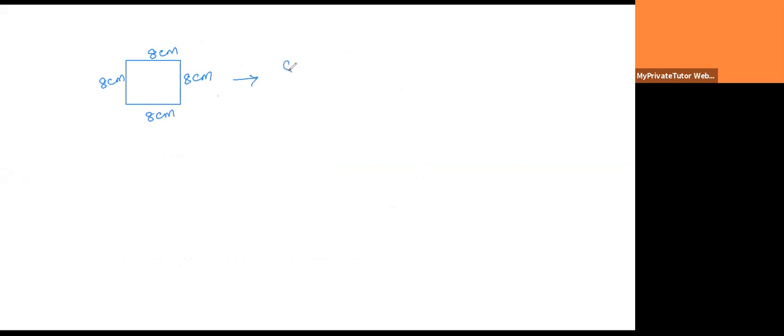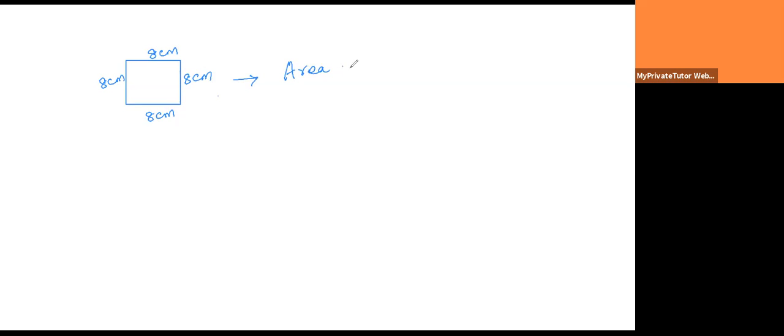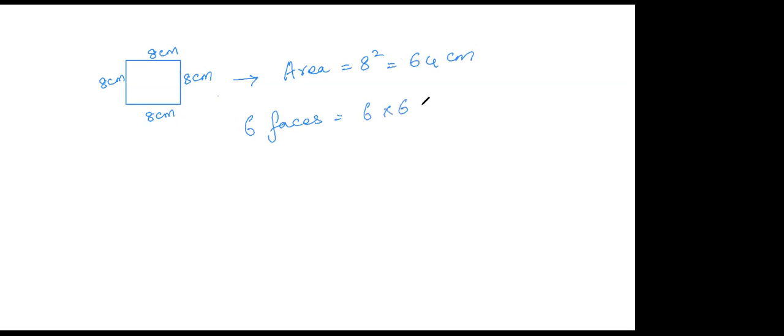I hope you know the area of a square: side into side. So the area of one face is 8 square, which is 64 centimeters. And how many faces do we have? We have 6 faces, isn't it?